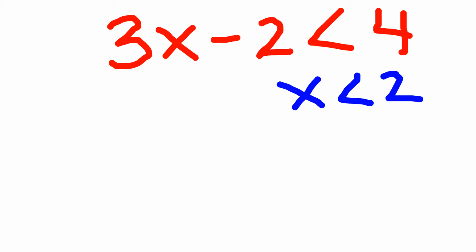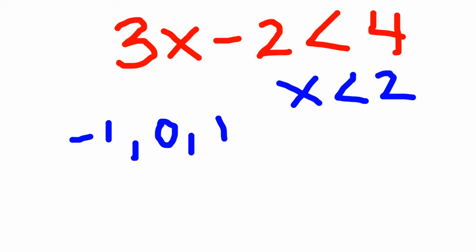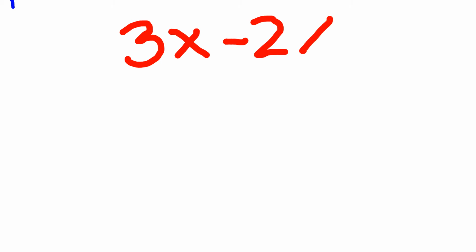So if I plug in, say, -1, 0, or 1, or anything below 2, that would make the inequality 3x minus 2 less than 4 true. Let's plug in a couple different things and see what happens. Again, our inequality is 3x minus 2 is less than 4, and anything less than 2 is going to make this work.